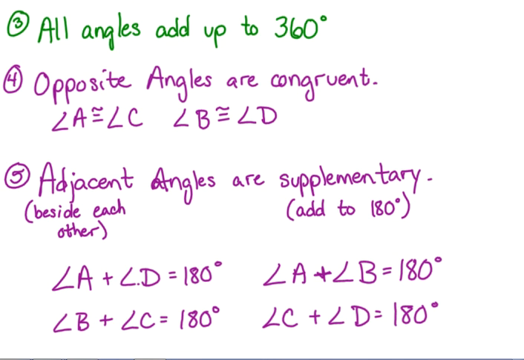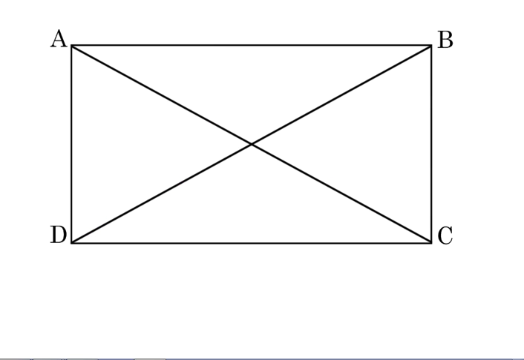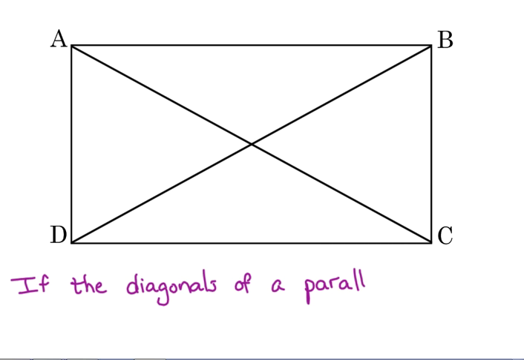But a rectangle has one more property that's a little bit more specific. Not only do the diagonals bisect each other, the diagonals are congruent. So we'll write it this way. If the diagonals of a parallelogram are congruent, then it is a rectangle. They weren't congruent on the regular parallelogram.